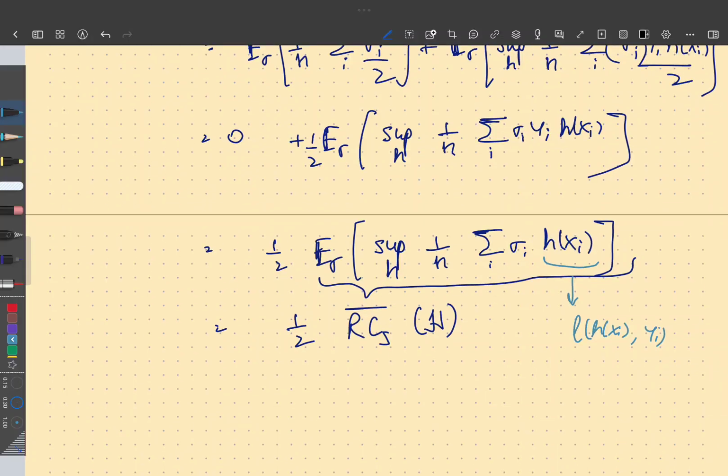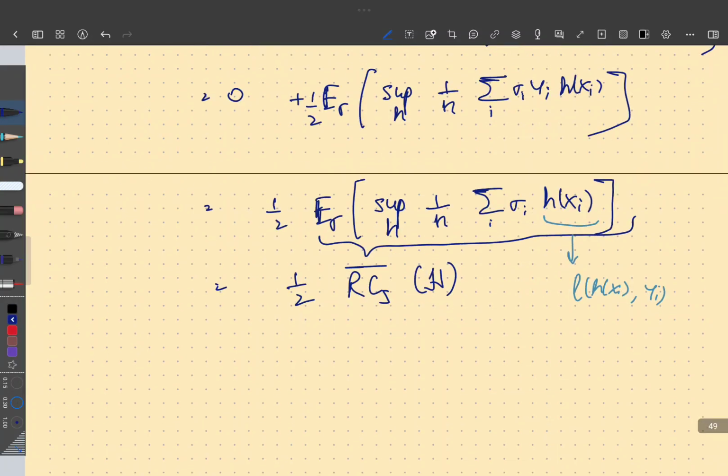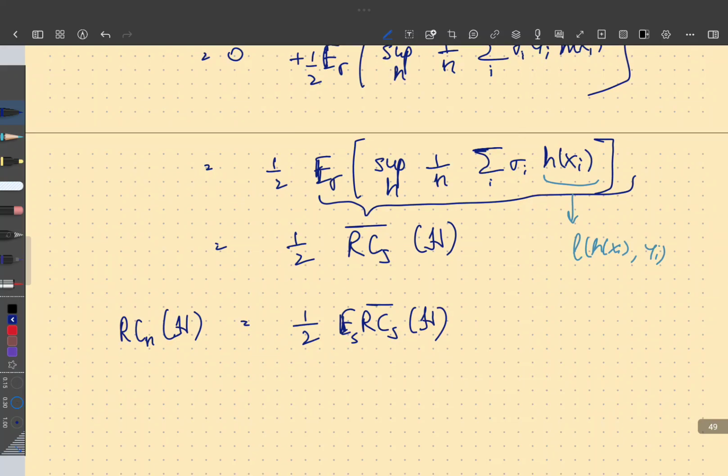And similarly, the Rademacher complexity of H is equal to half of expectation of RCS bar of H, just by taking expectation on both sides. And again, I'll give this a separate symbol.